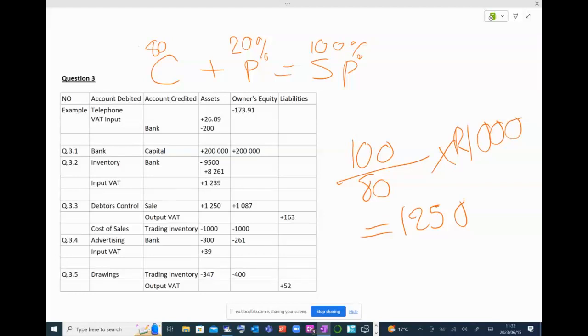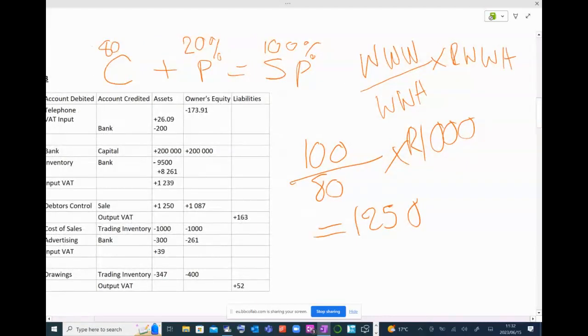So put 100, then divide by 80. What do you get? Okay, so it goes back to our formula. Remember, we have that formula: what we want, divided by what we have, times what we have as a rand amount. You remember that formula?